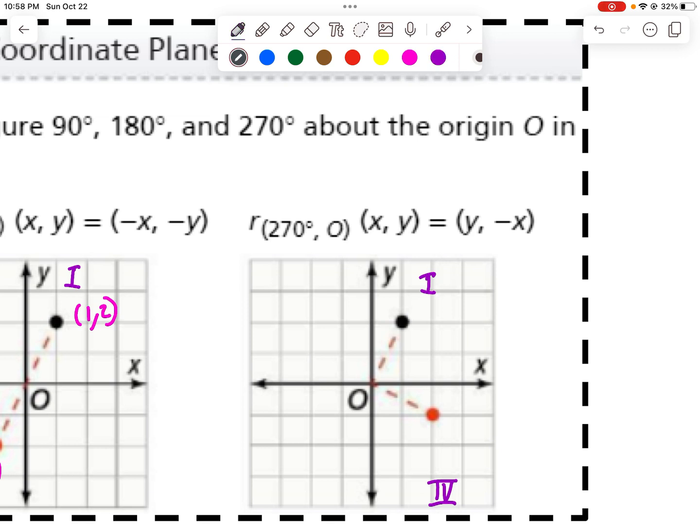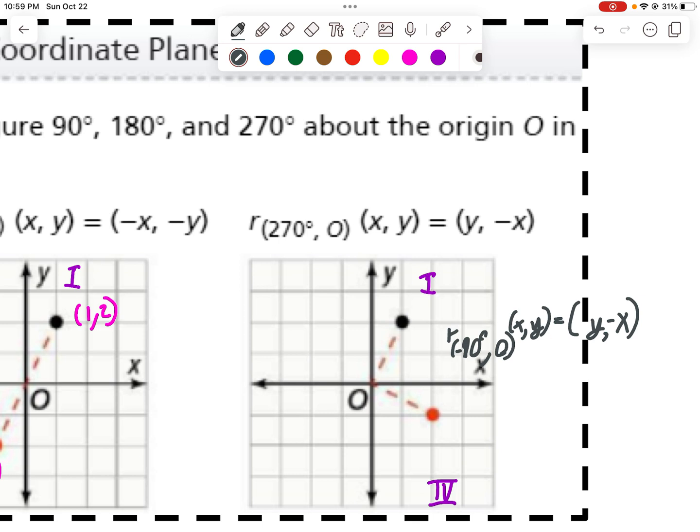And we could describe this rotation in one other way. I want you guys to see this. Rather than 270, I could put rotate -90 degrees about O. Okay? If I apply that to my x and y, it'll produce y, -x.